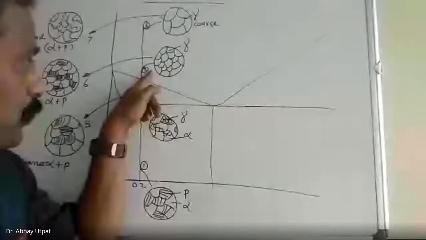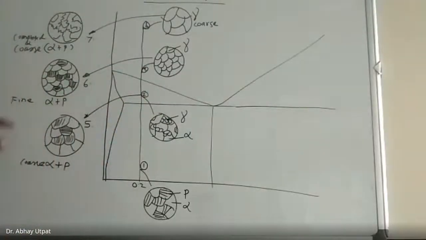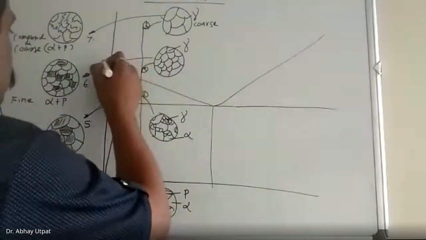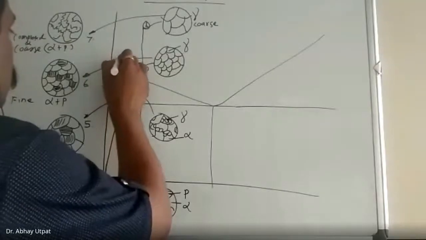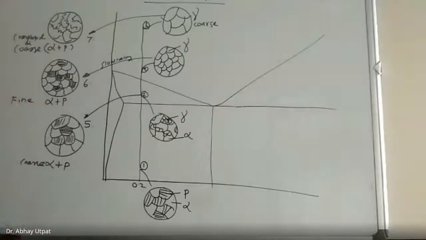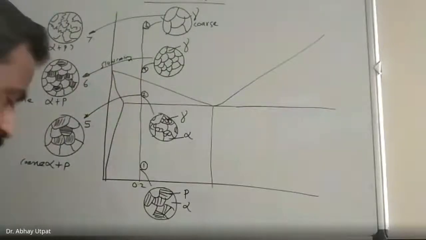From this point, here, you will get microstructure at point number 6. So I am writing here slow cooling. So if you cool it very slowly, that treatment 1, 2, 3, 6. I'll write here.